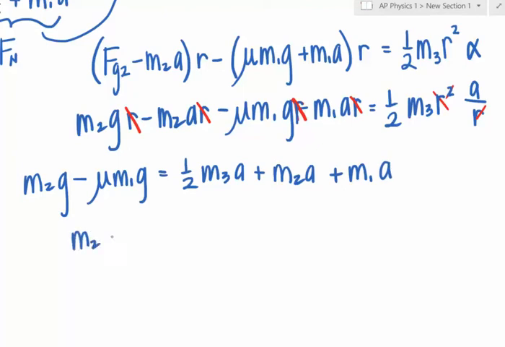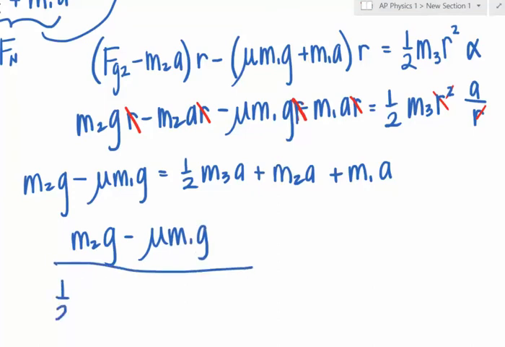So then m2g minus mu m1g over 1/2 m3 plus m2 plus m1 would equal your acceleration.